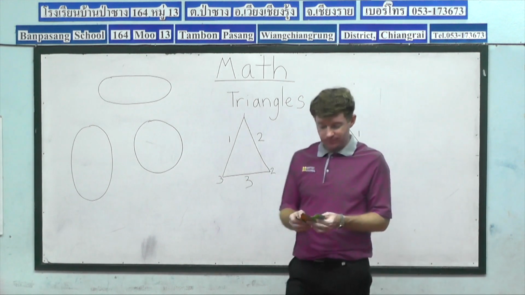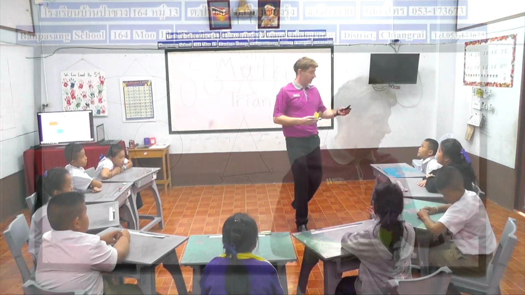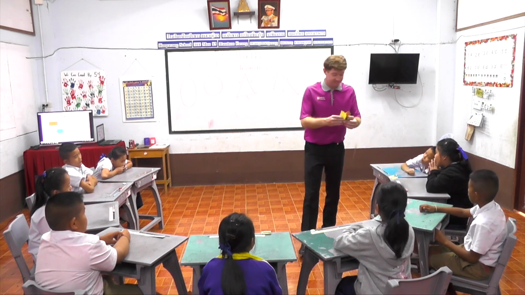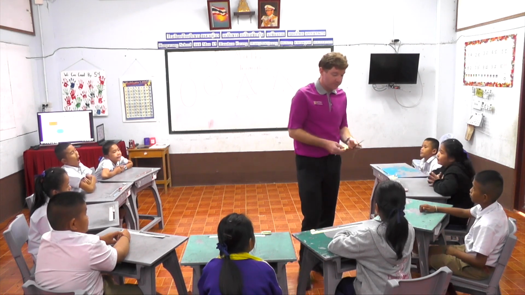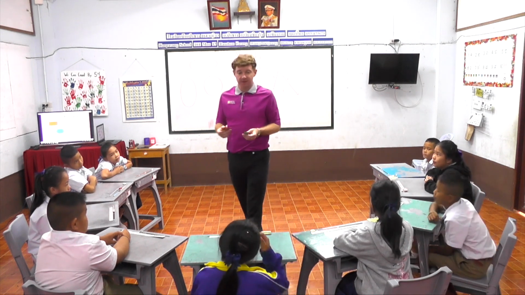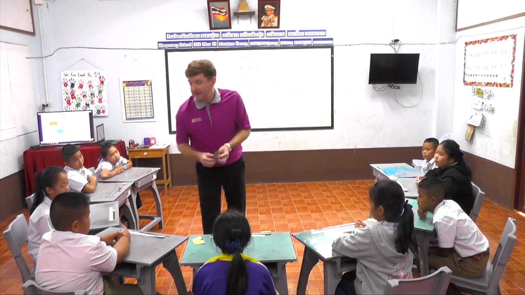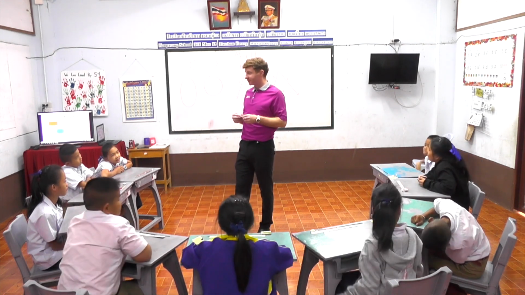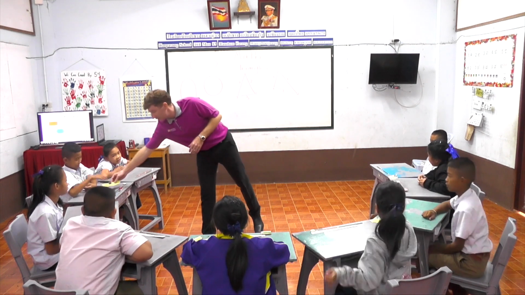Triangle. Okay? So group 1, this is for you. Not yet. Group 2, this is your one. Let's see, group 3. And now, the final group, group 4, we have 3 students.